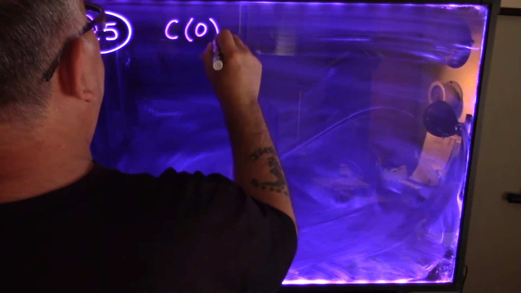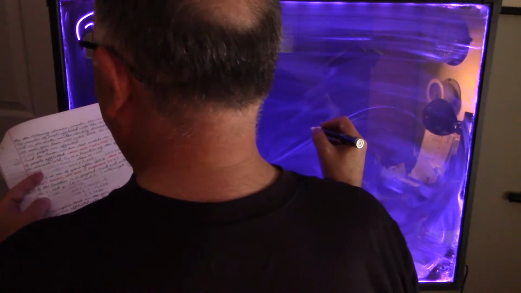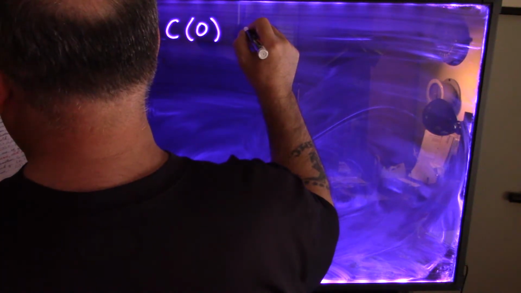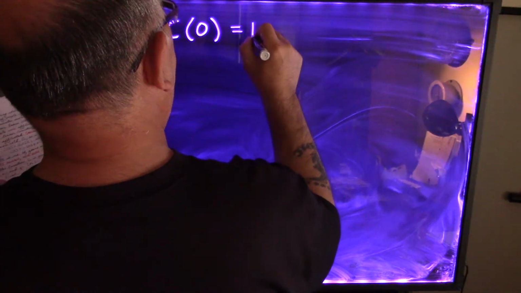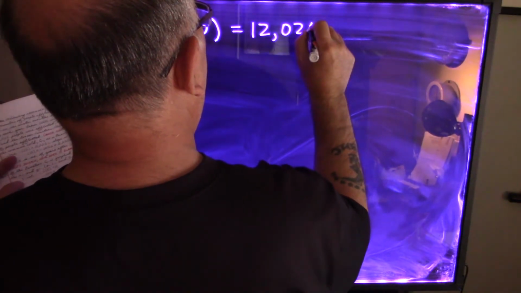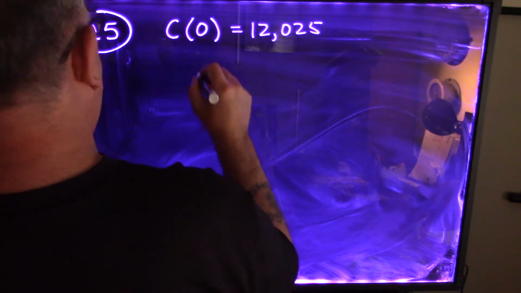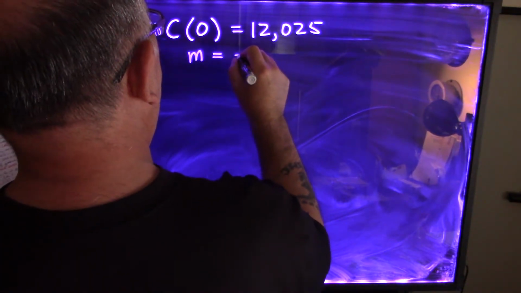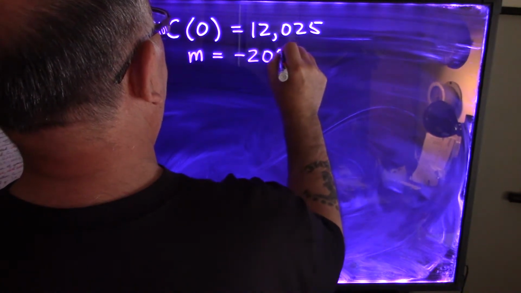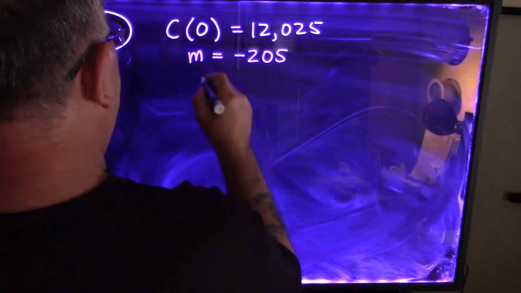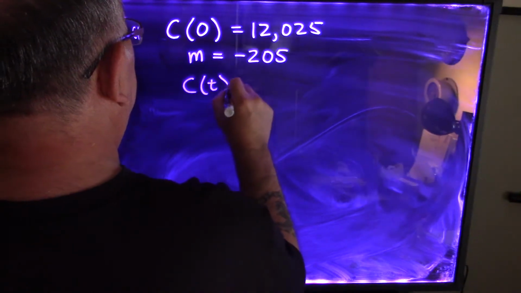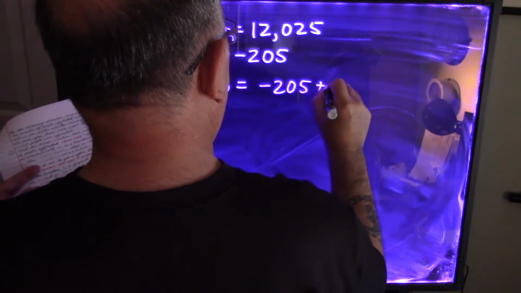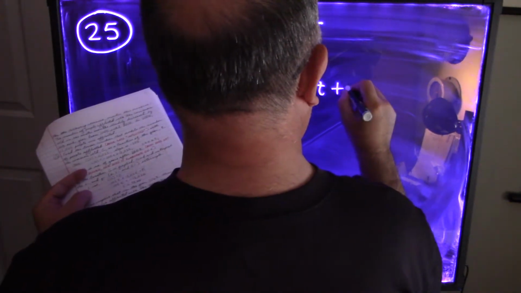That's our c-intercept, and that's 12,025. The slope is negative because it's decreasing, negative 205. So C of t is negative 205t plus 12,025.